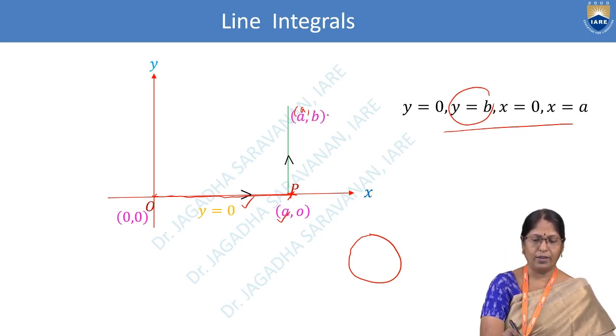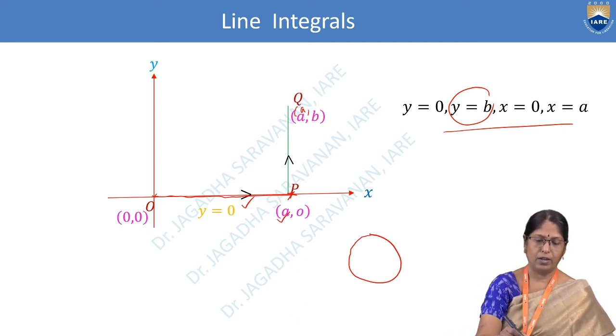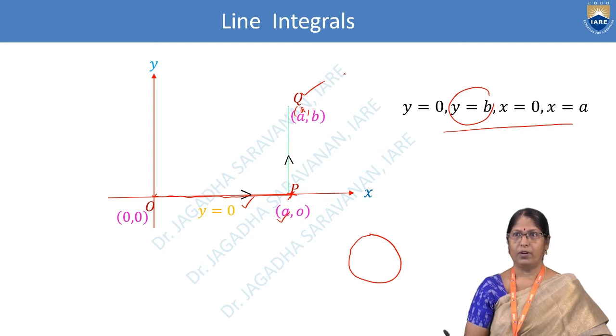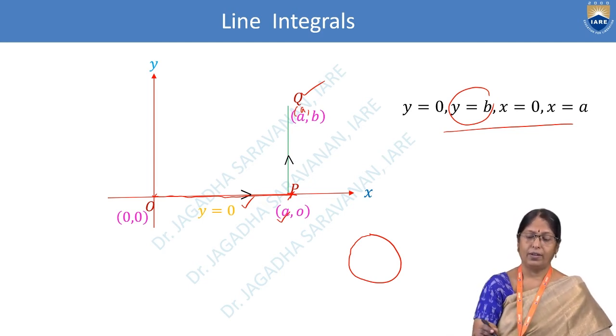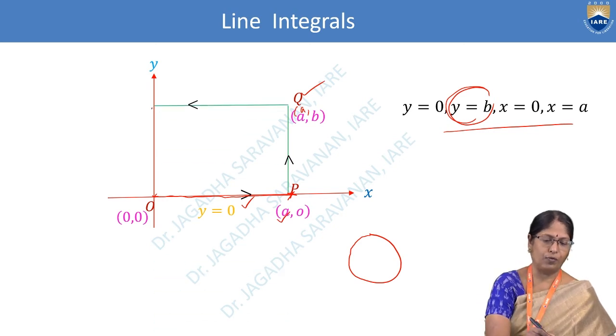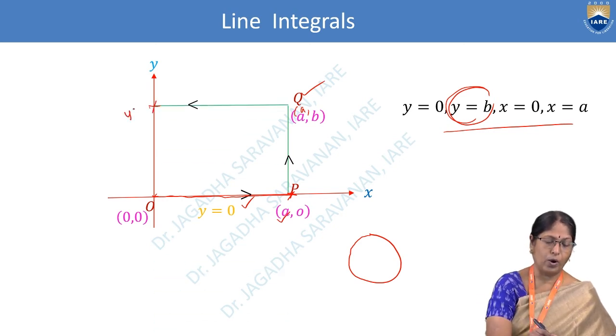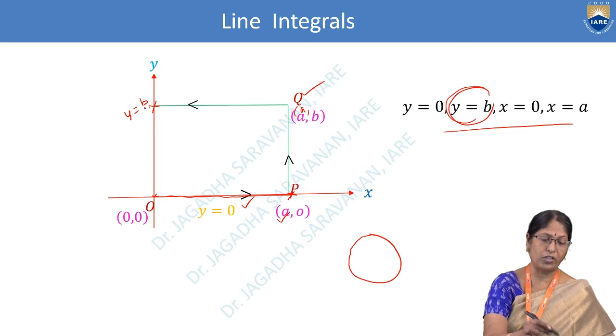So a, b. The point name is Q. Before that, y equal to b is given, which means the line cuts the y-axis at the point b.